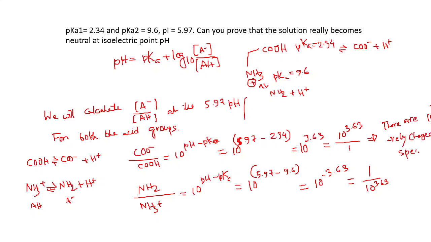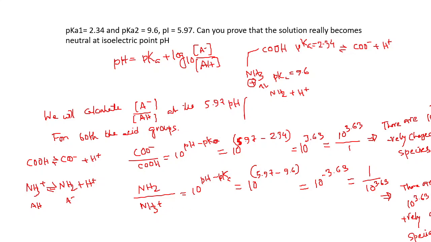How can I tell? Because this equation gives the ratio of the negatively charged species compared to neutral species. What does the second equation tell me? This tells me that there are 10 to the power 3.63 positively charged species.